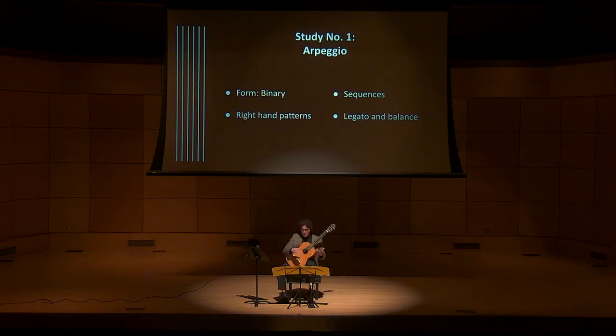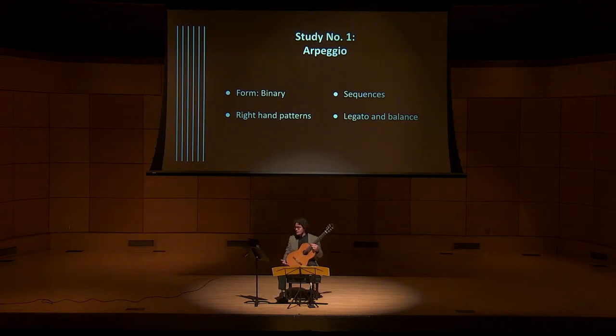Now, the B part of this study is preceded by a little cadence. Well, we will hear a rising scale. And then we're going to move on to a new pattern for the right hand. So that would be when we get to the B section with a different right-hand pattern.